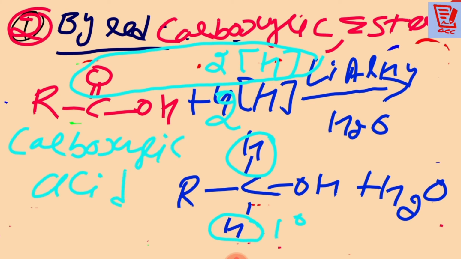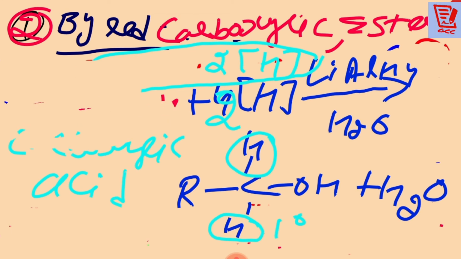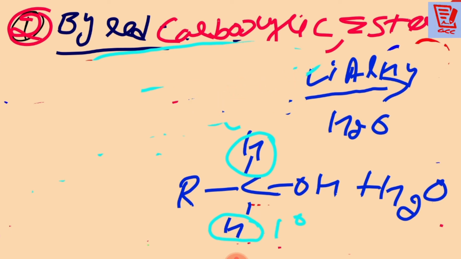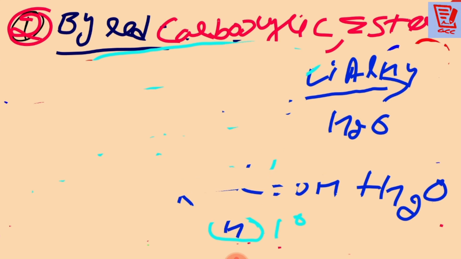This is the carboxylic acid. Now I am going to write the reaction with the esters. So when we do that with the esters, the catalyst will remain the same.